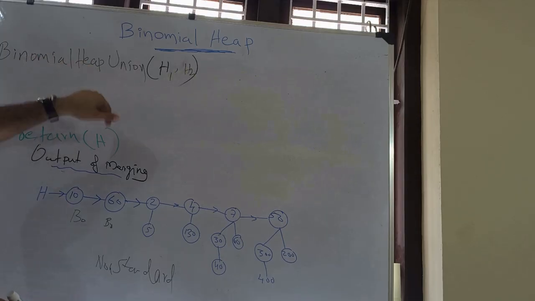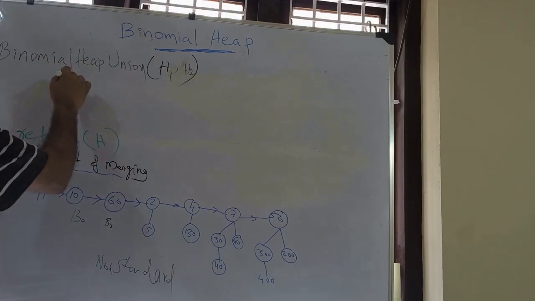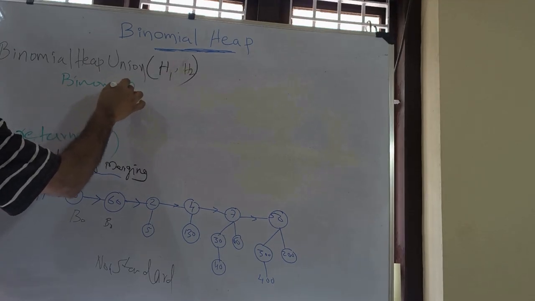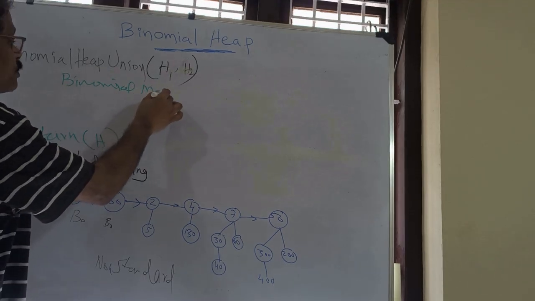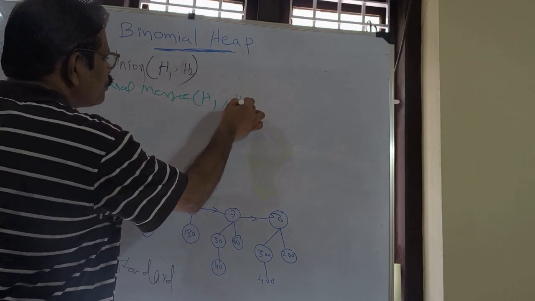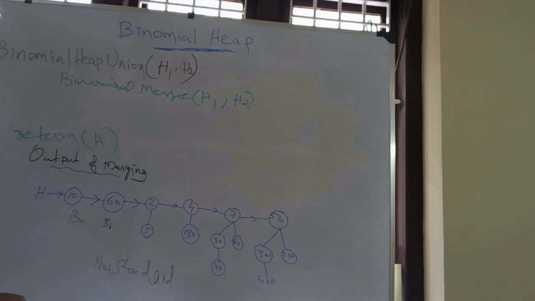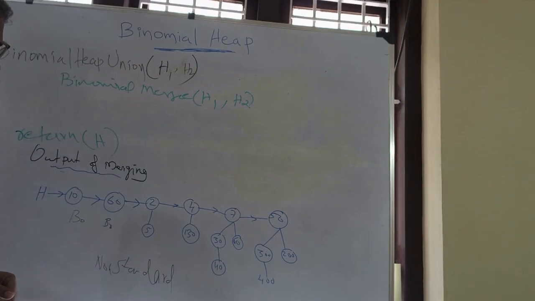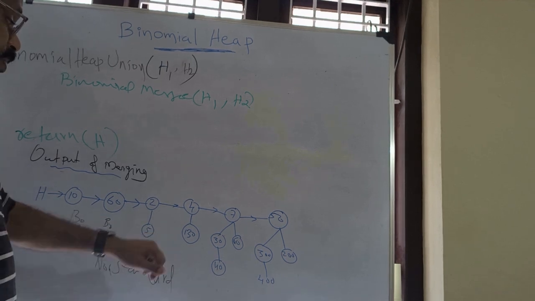This function, binomial heap union, will do binomial heap merge. First we have seen this H1, H2, these two binomial heaps will be merged and produce a non-standard binomial heap.